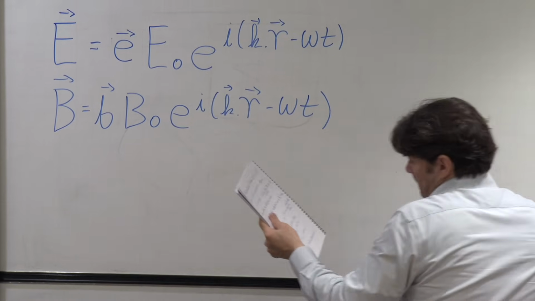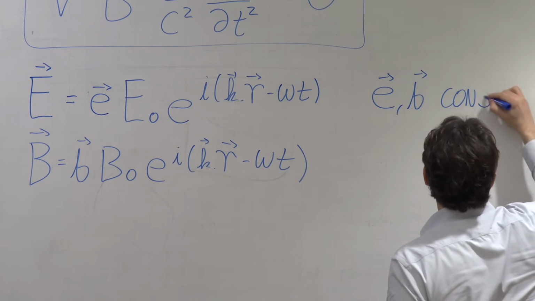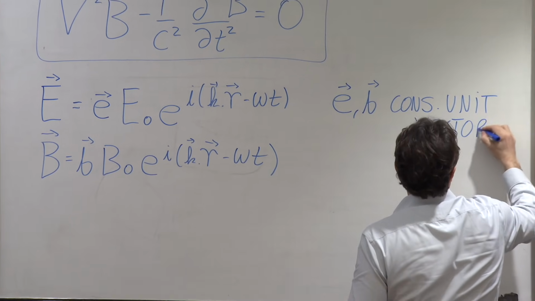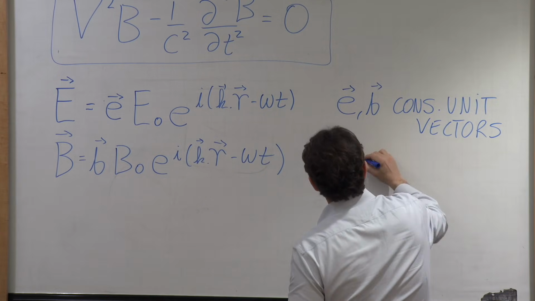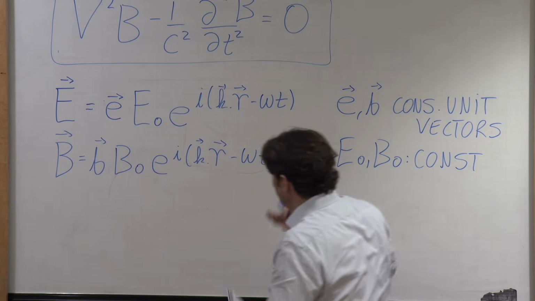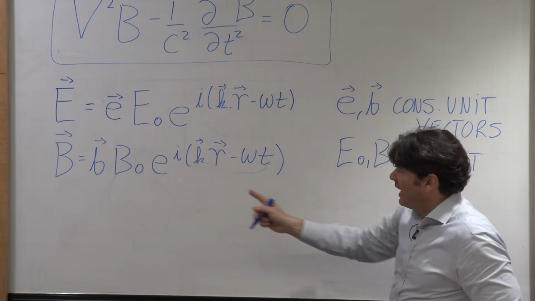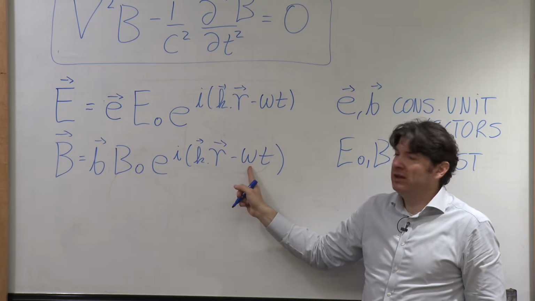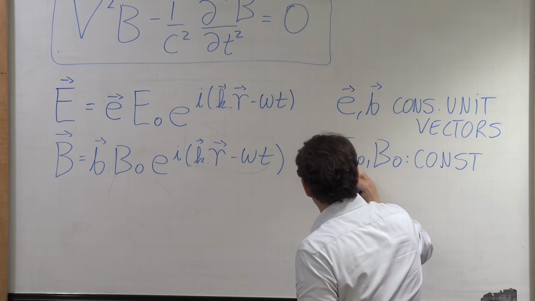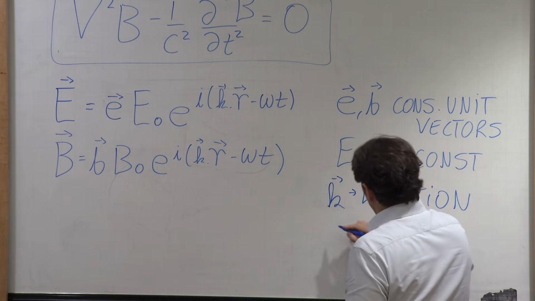Here, e and b are constant unit vectors. E0 and B0 are also constants, and they measure the magnitudes of E and B. K and omega are also constants: k gives the direction of the wave, and omega the frequency of the wave.